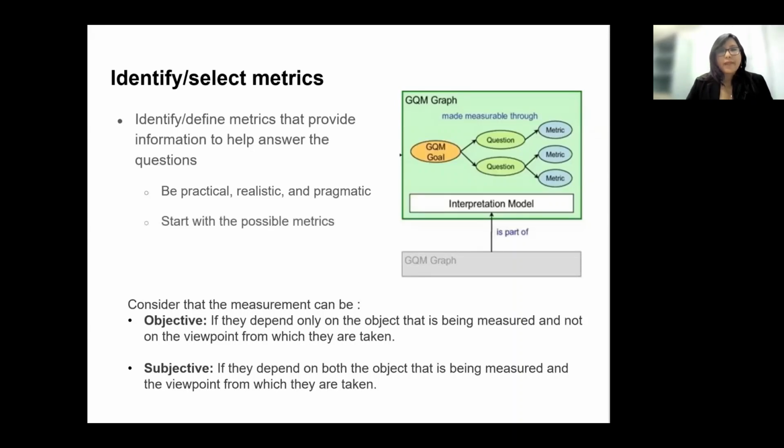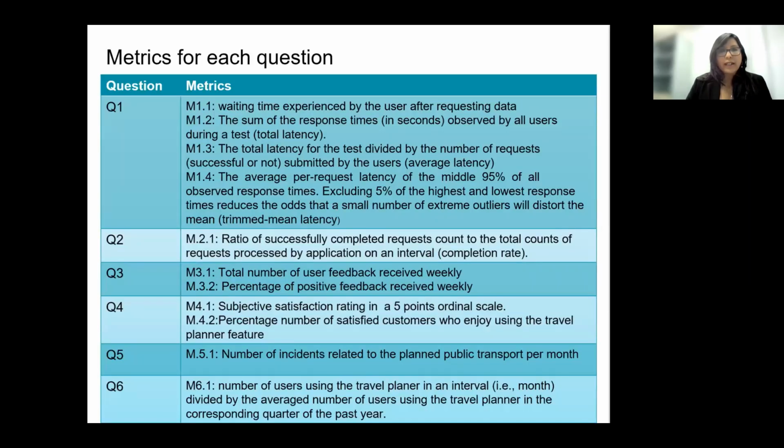So then let's go to the examples of metrics. These are the questions that I showed you in the previous slides, the questions that we derived for our example of customer satisfaction. And here I put some metrics that will provide information for answering each question.